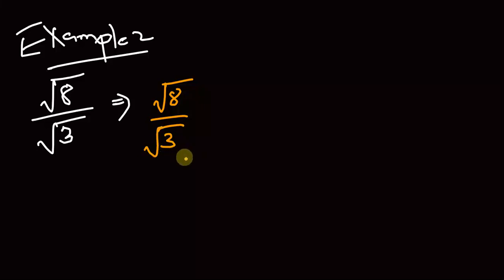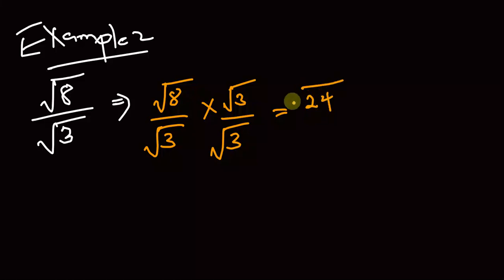We eliminate the denominator, so I will multiply both sides by root 3 all over root 3. When you simplify this, we'll get 1, but we leave it that way. What is root 8 times root 3? Root of 24, divided by root 3 times root 3, which is root 9.